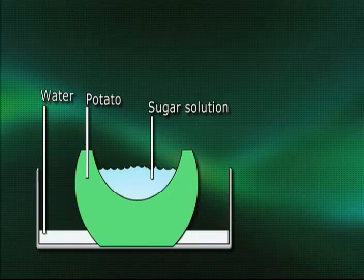The potato is cut to make one end flat. The other end is hollowed out to make a cavity. The potato is placed in the beaker. The sugar solution is poured into the cavity of the potato.